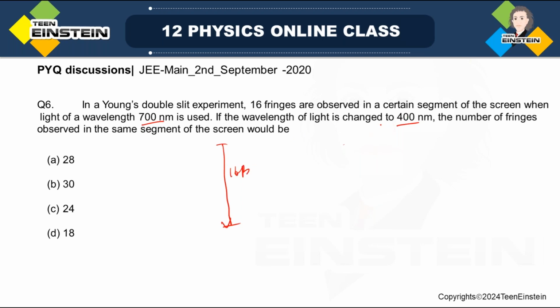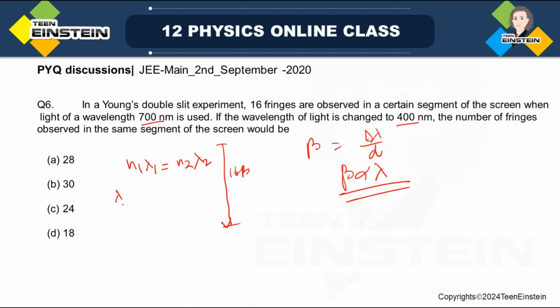Beta is equal to D lambda by small d. Then beta is directly proportional to lambda. So from here we can understand that if there are n1 fringes, then n1 into lambda 1 will be equal to n2 into lambda 2. So this is the formula you can use.